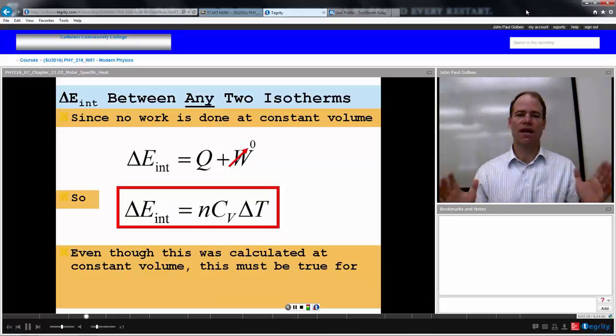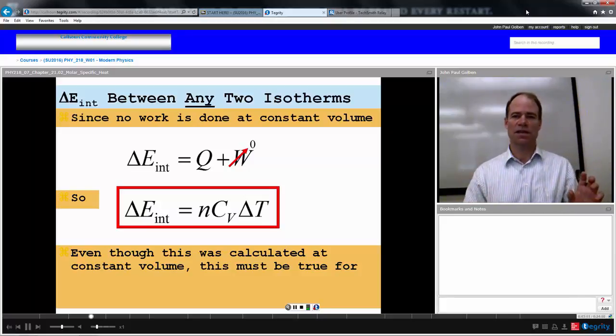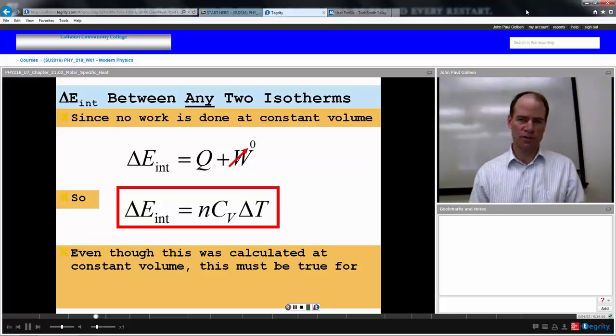Now, this was calculated at constant volume. However, since the change in temperature is going to be constant between any two states, and our change in internal energy will be constant between any two states, C sub V is a constant, number of moles is a constant. This is a constant for any change between any two isotherms. We can use this for any particular change in energy between two isotherms.